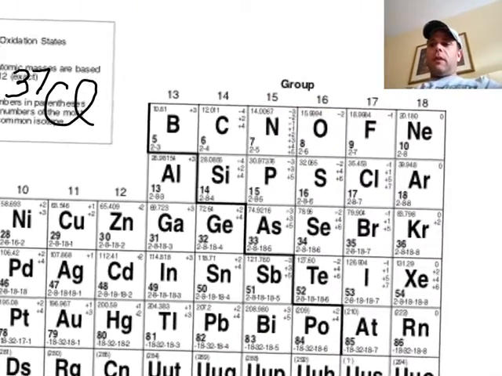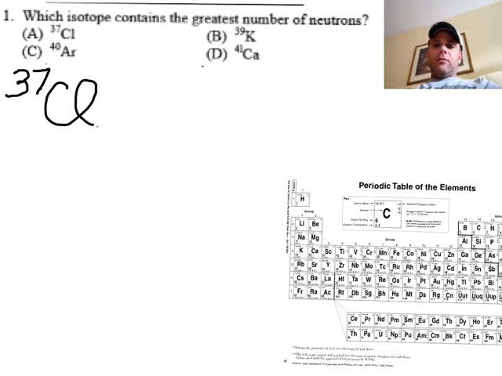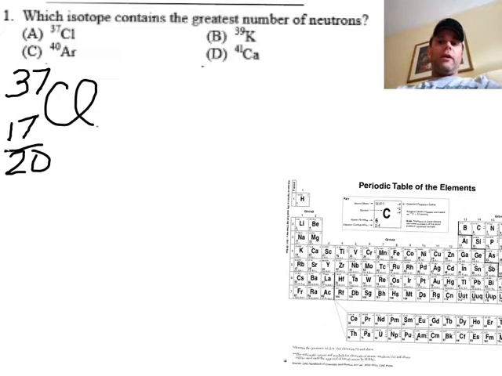And there is chlorine right here, and it has an atomic number of 17, and that says that it has 17 protons. So we will put 17 here. And if you recall, the mass is protons plus neutrons. So to get the number of neutrons of chlorine, we subtract 17 from 37, and it has 20 neutrons. Let's put 20 right there.